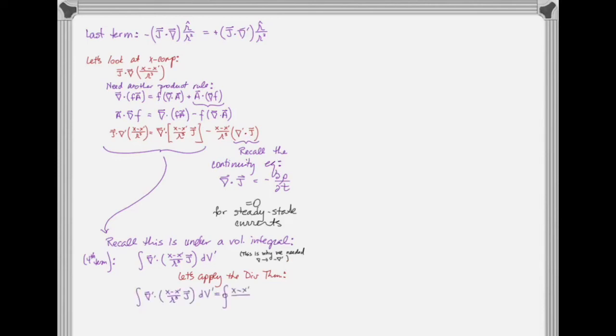So recall that the divergence theorem takes the del dot a vector over a volume integral and turns it into the closed integral over the surface of the same vector. So that a vector in this case is the x minus x prime over script r squared times j vector, dotted into dA prime. So again, the primes all should match.